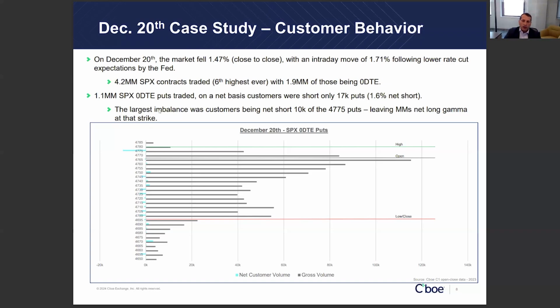But even with that enormous amount of contracts trading, the total imbalance was only 17,000 puts. And the largest imbalance was on one line where customers were net short 10,000 of those puts. The reason for that is the two-sided trading that we mentioned before. There's a lot of spreads going on. Not everybody is trading the same complex trades. You also have people trading outright, right?